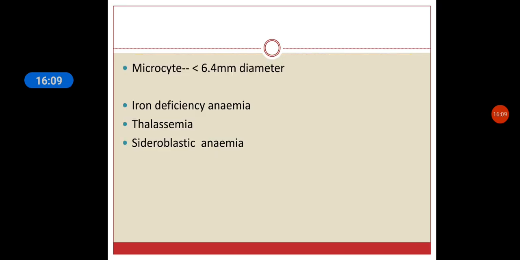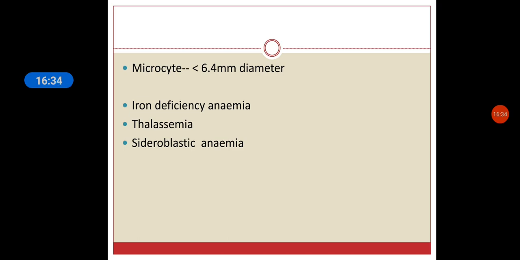Now from this you will get some clues. These are microcytes, so the first thing that should come into my mind is a nutritional deficiency. It could be iron deficiency anemia, or are there any target cells? Am I seeing any fragmented RBCs? Is it a hemolytic anemia? So when you're thinking of all these things from a smear, you will get all these ideas.